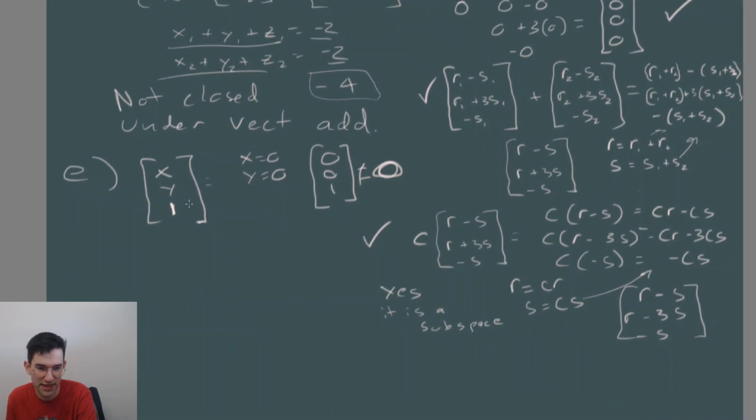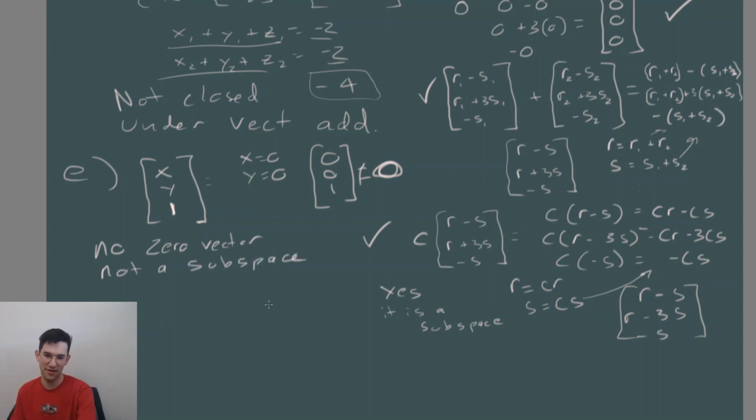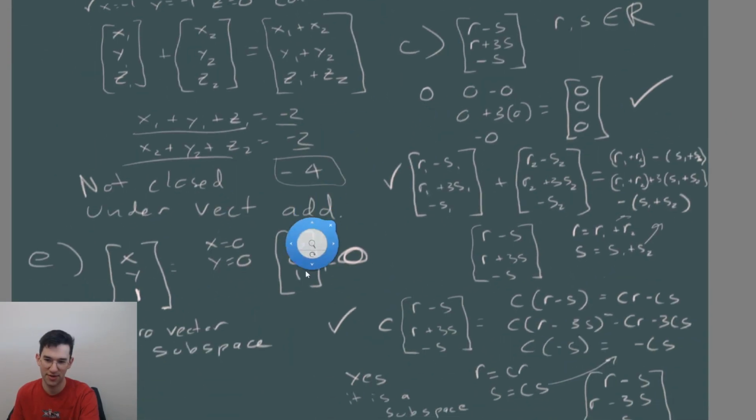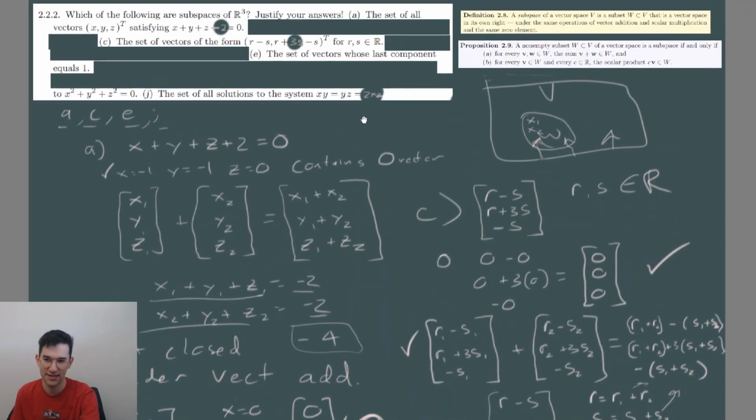It doesn't contain the 0 vector. So no 0 vector. Not a subspace, because it's not a vector space. It needs to have the 0 vector in order for us to do linear algebra. We can't do linear algebra with something that doesn't have zeros in its subspace.